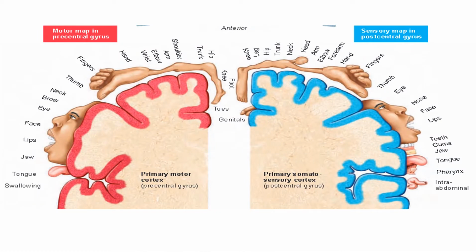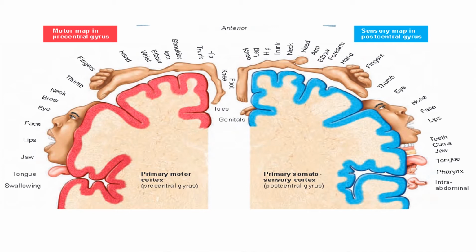In this figure, we see the body representation in the brain, and it's called the homunculus. Now, each part of the body has a specific area in the brain, whether it is sensory or motor. For example, if you go to the right, which is the primary somatosensory area, what do you see?